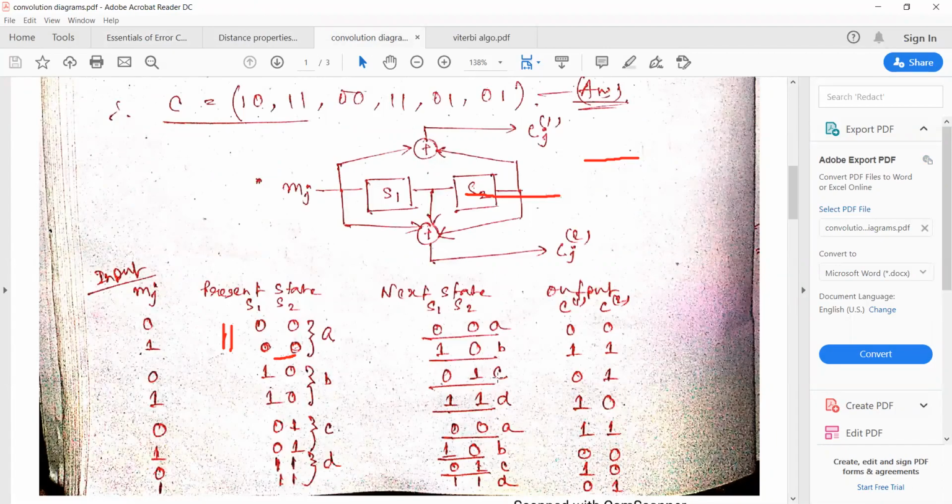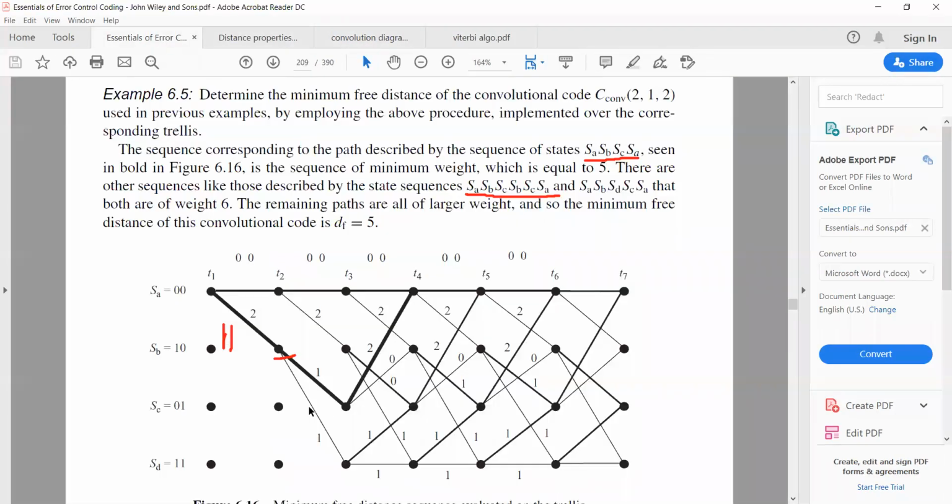SB to SC, okay, the output was 01. So if this is 01, then what is the Hamming distance between 00 and 01? 1. So this is 1.